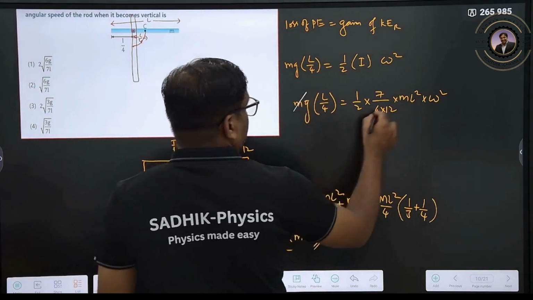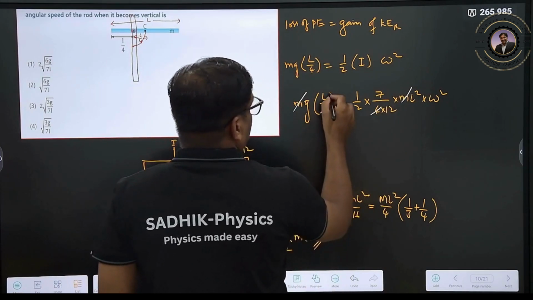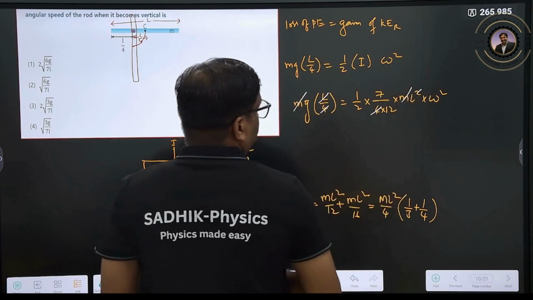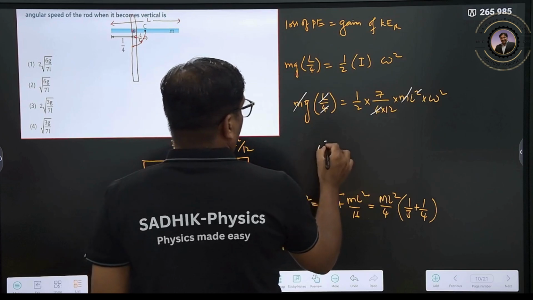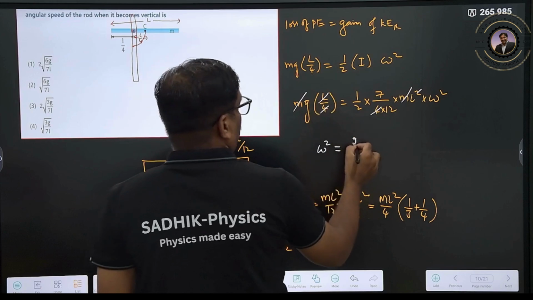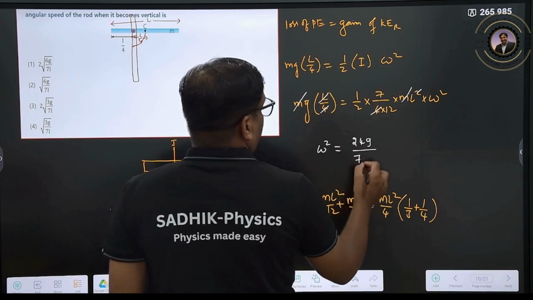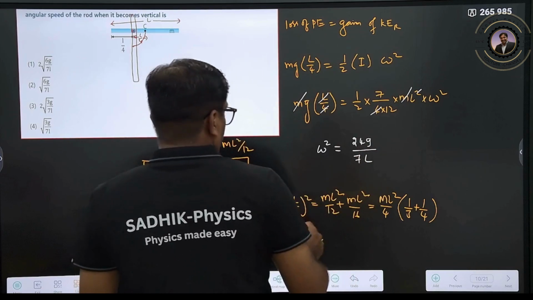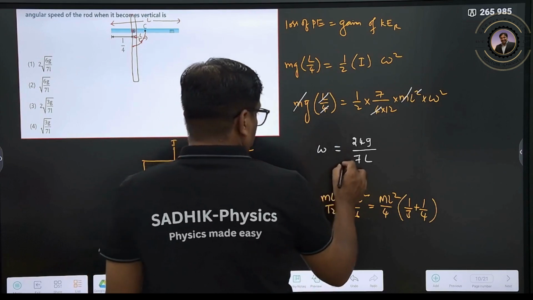Here m and m get cancelled, this 4 and 4 get cancelled, and one L gets cancelled. So omega square is 24g by 7L, and you can rewrite it as root.